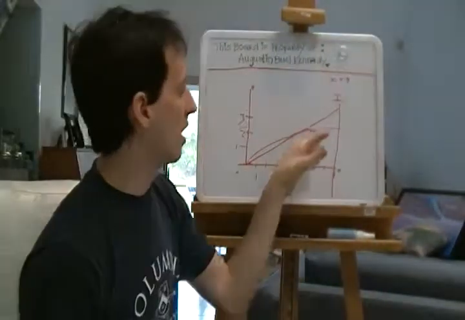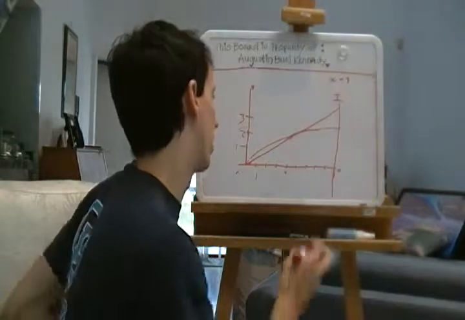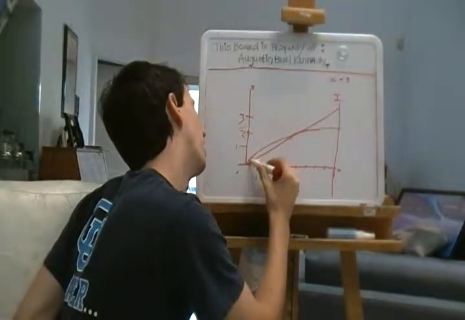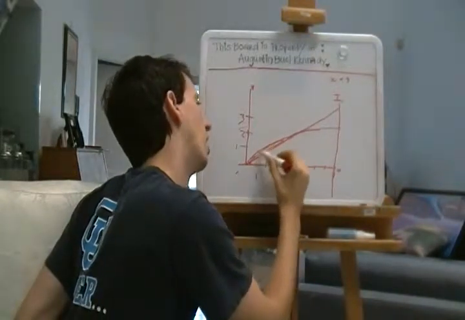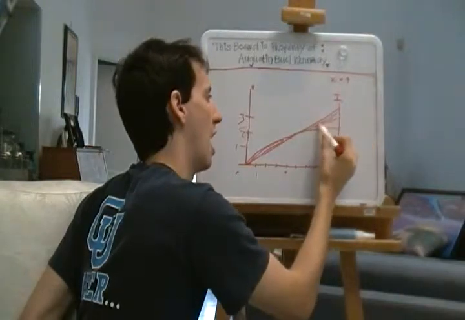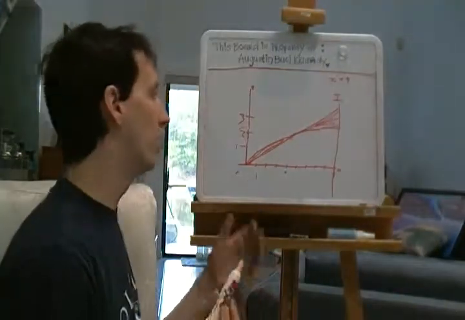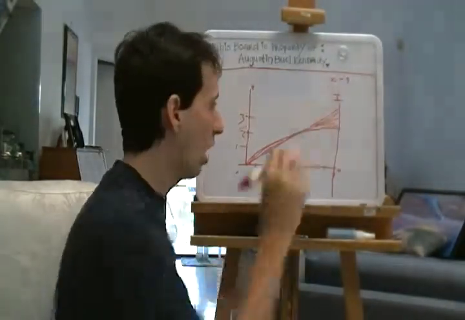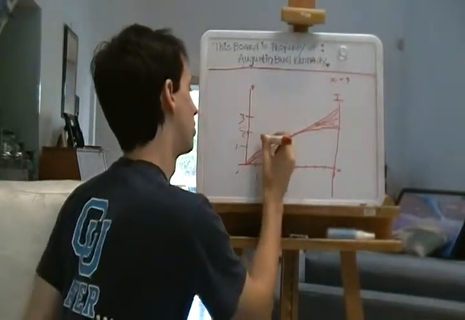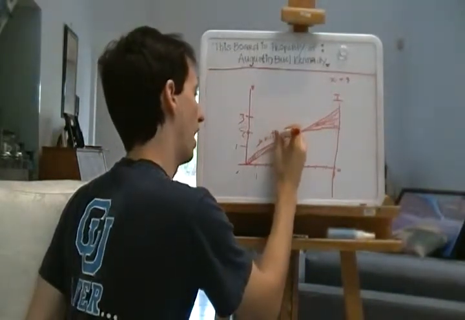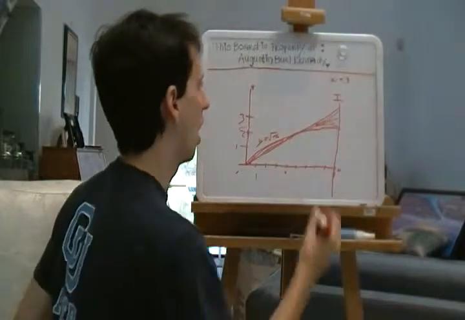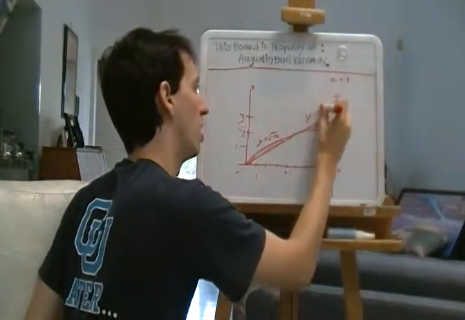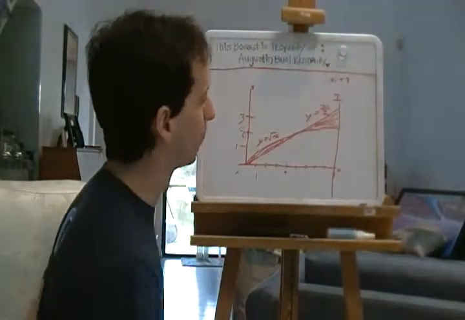Okay, so that's basically what the curve looks like. So we've got to figure out this area in here and this area out here. Well, what do we know? We know that in here, the top function is y equals square root of x. But out here, after 4, the top function is y equals x over 2.